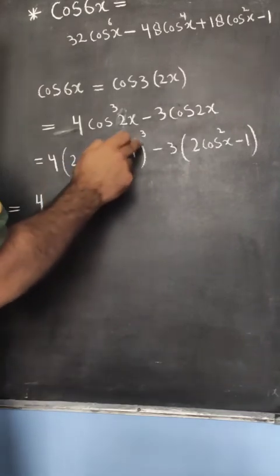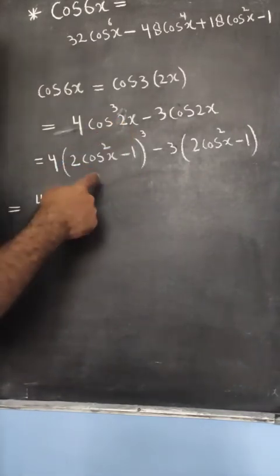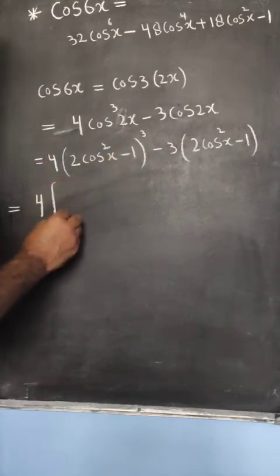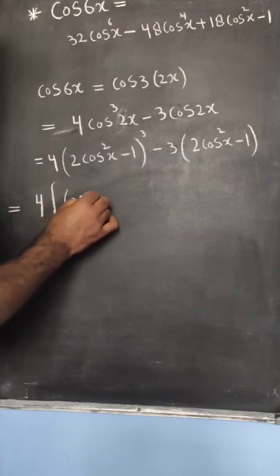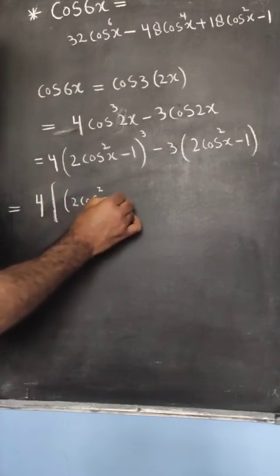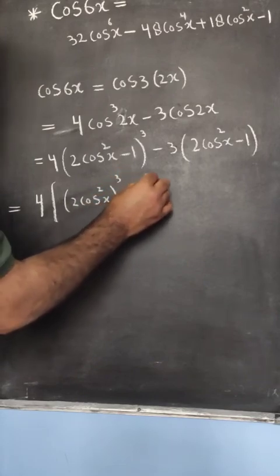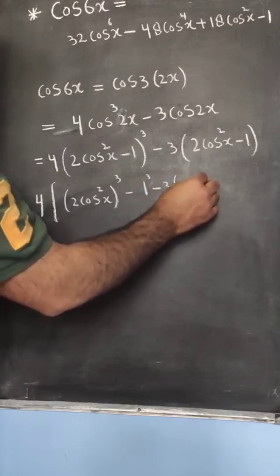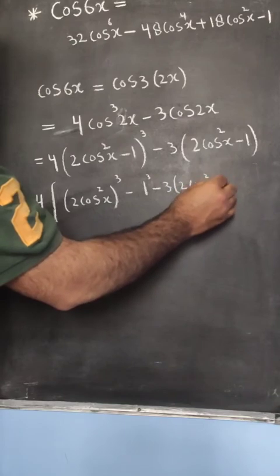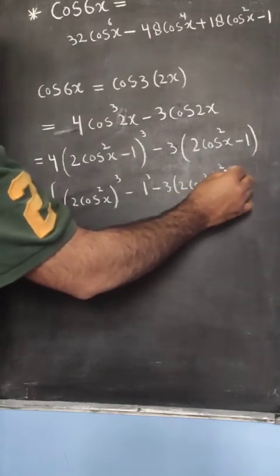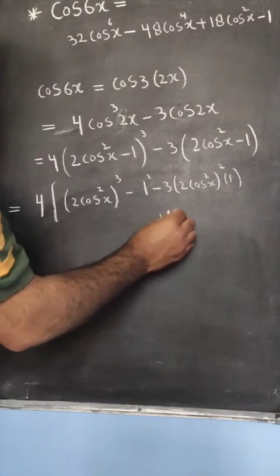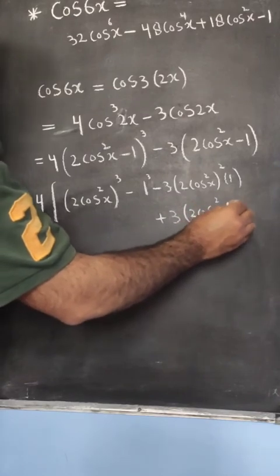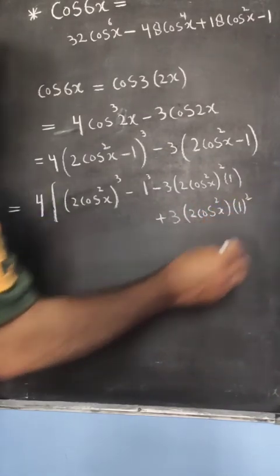Now we have (a minus b) whole cube, that is equal to a cube minus b cube minus 3a square b plus 3ab square. So we write a cube, that is (2 cos square x) cube, minus b cube, that is 1 cube, minus 3a square b, it is (cos square x) whole square times b, b is 1, plus 3ab square is twice cos square x, and b is 1, so we write 1 square.